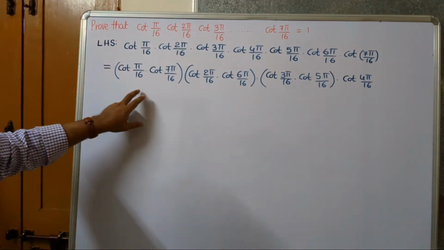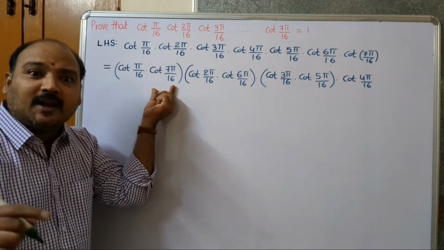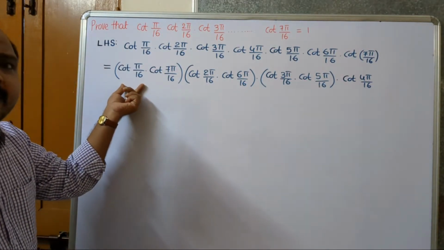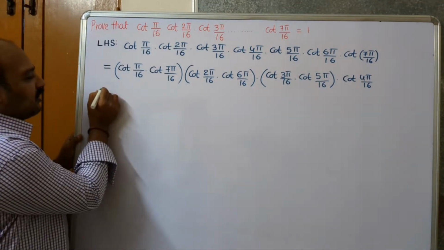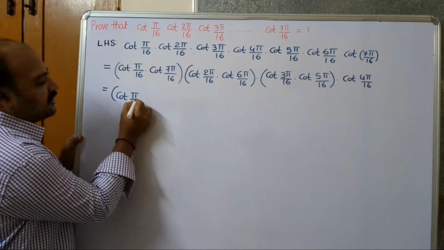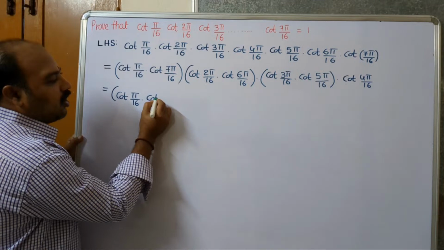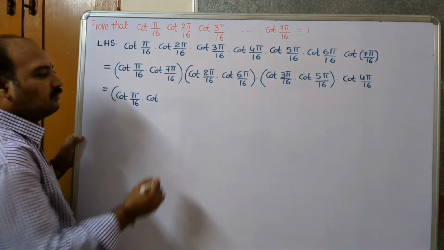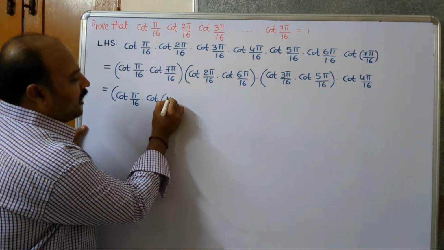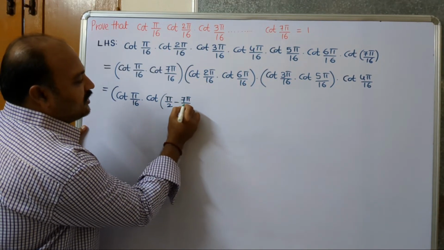What is the logic to write like this? Here, 7 pi by 16 we can write in terms of pi by 16. See here, cot 7 pi by 16 can be written as cot of pi by 2 minus pi by 16.